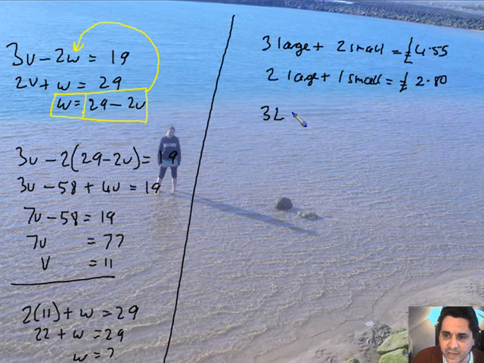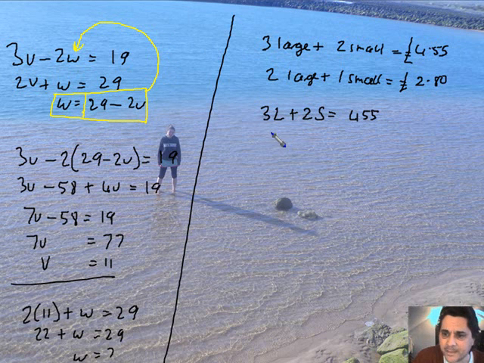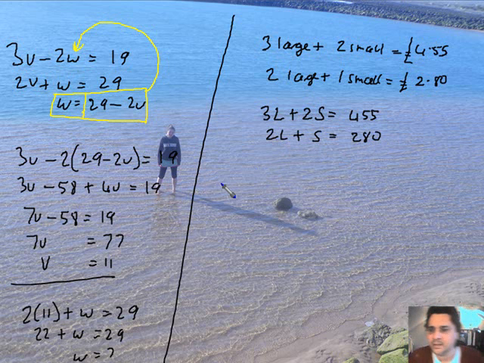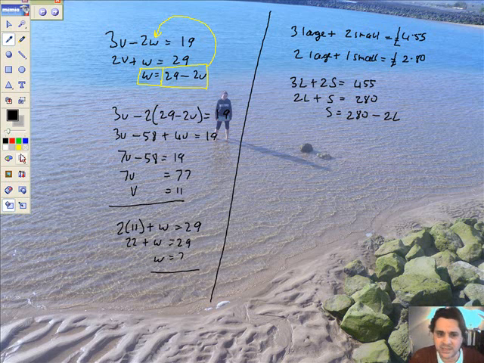I've got 3L plus 2S equals 455 pence. I've got 2L plus a single S comes to 280 pence. Right, so if I say S is going to be 280 minus the 2 L's, I can substitute this part in the S's right there and see where we go.